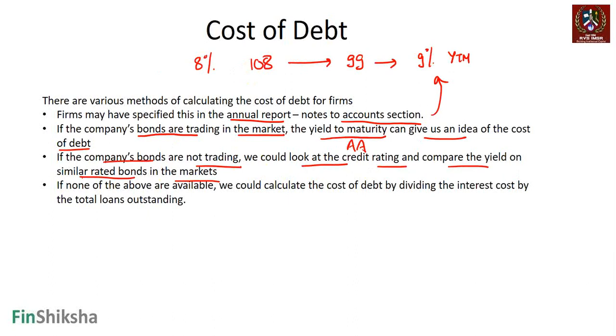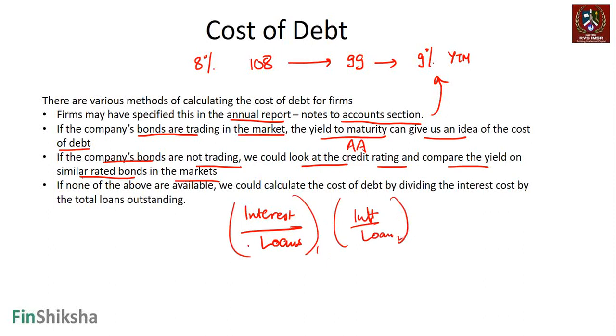And finally, if none of the above are available, you could take the interest the company has paid and divide it by the loans, and do it for multiple years. So year 1, year 2, interest by loans, and then take the average of all of these: total interest divided by total loans outstanding.